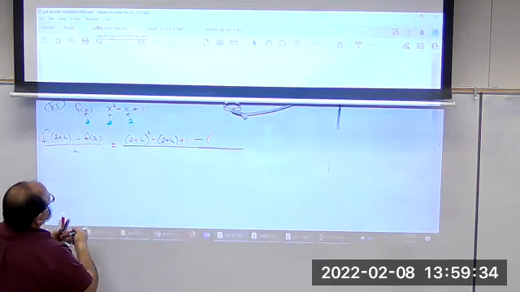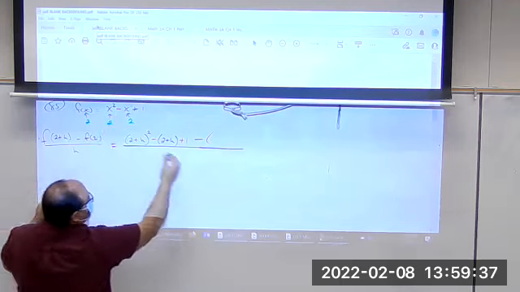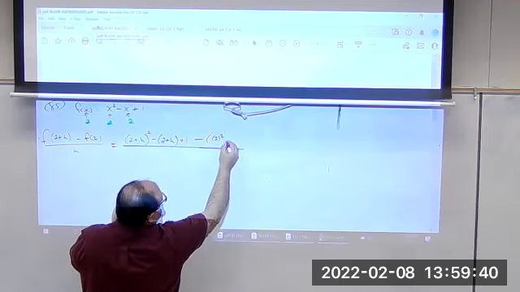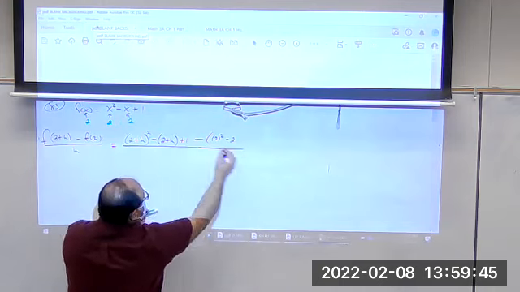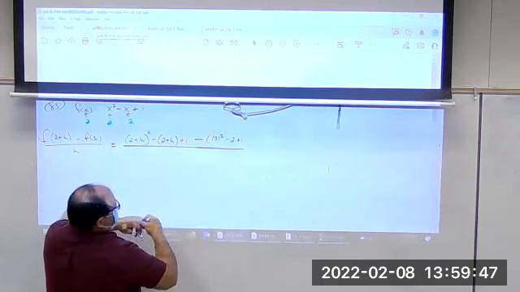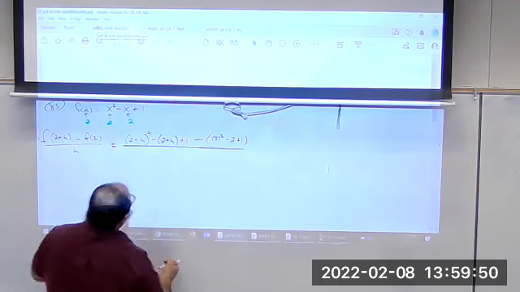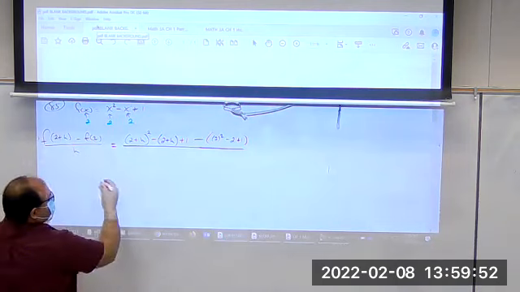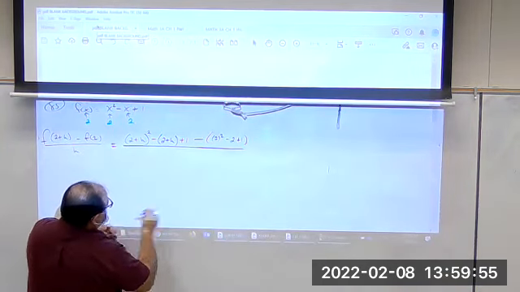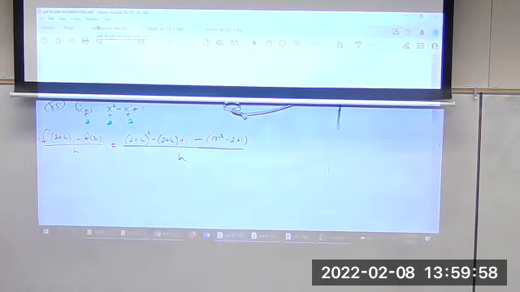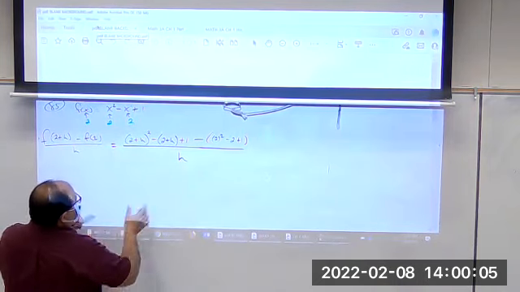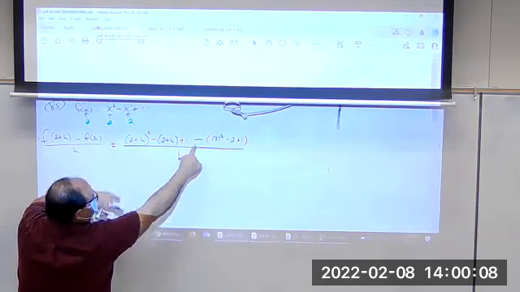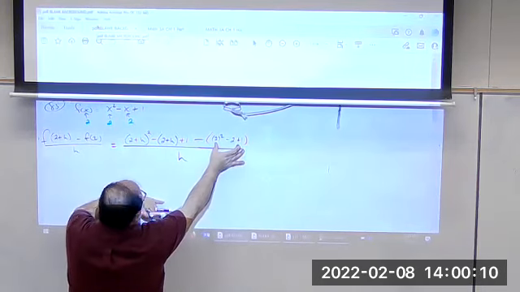I'm going to plug in a 2. So 2 is going to get squared. Minus, plugging in 2. And then I have a plus 1. And then close that parentheses. In the denominator, it's an h. So this first part is f of 2 plus h, and then you have your minus. This is your f of 2.